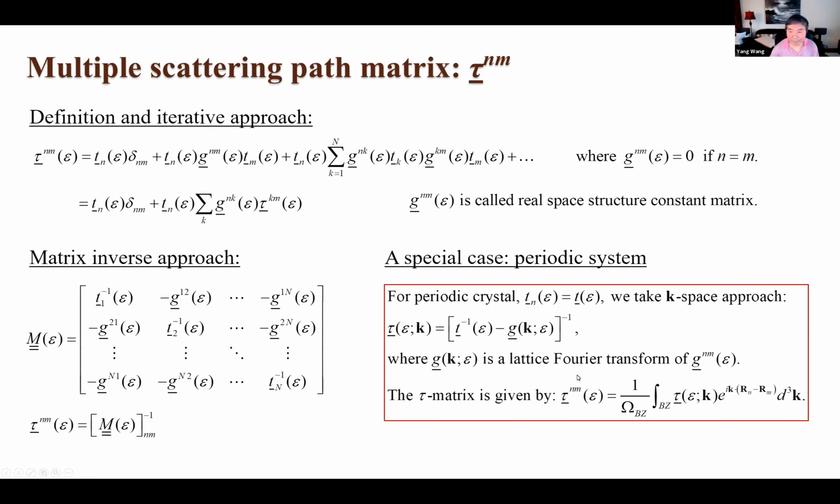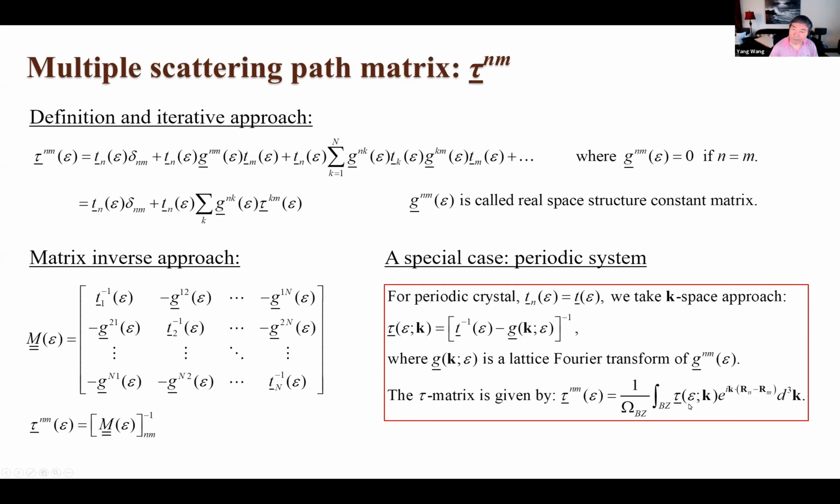You end up with this expression, where you can define this G to be a Fourier transform, a k-space Fourier transform of this real space structure constant matrix. You end up with this expression. This is derived from this iterative expression. You can derive it by yourself, but I just give you the result.